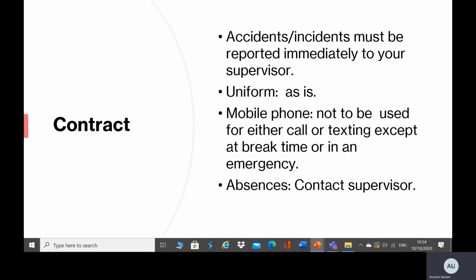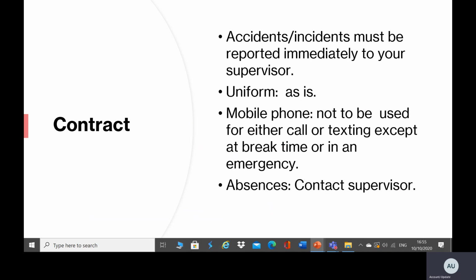Uniform: whatever the uniform is in your setting, I will wear the uniform as assigned to me by the setting. If you're in a school, you can call that a dress code. I will dress appropriately while I'm at work. And that, for the SNA, is obviously not going to be running around in stilettos and long loop earrings and the whole lot, so you will dress accordingly.